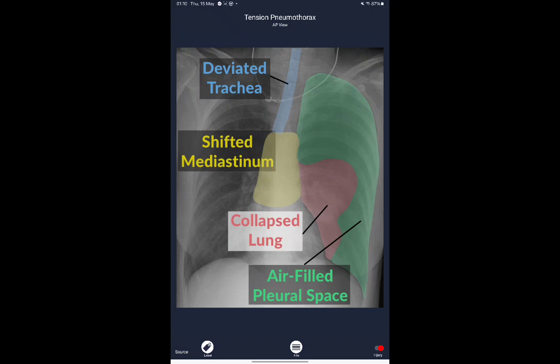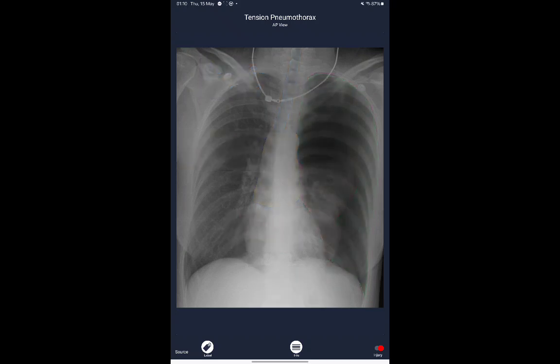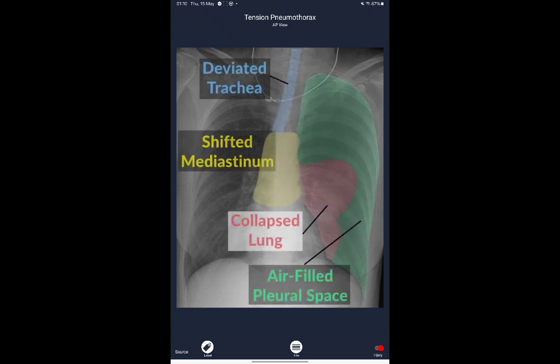We also have a trachea deviated from its normal midline, going more to the right. Here is what we have seen, without labels: the air within the left chest pushing the mediastinal structure to the right side.